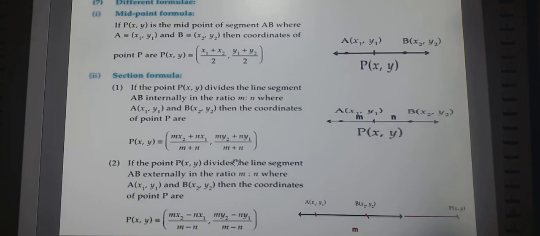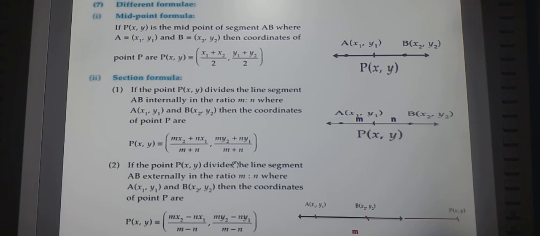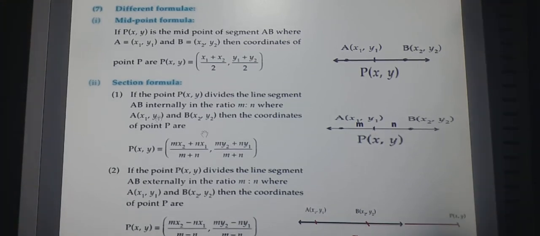Then next is midpoint formula. Next is section formulas. In that, the first point is midpoint formula. Here we are given 2 points, capital A and capital B. Coordinate of A is (x1, y1), coordinate of point B is (x2, y2), and coordinate of midpoint is P of (x, y).